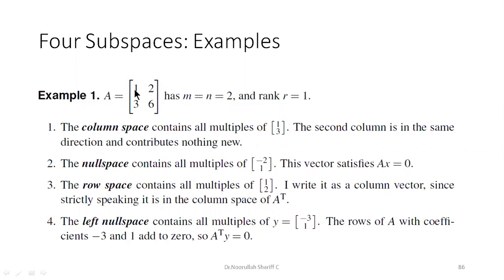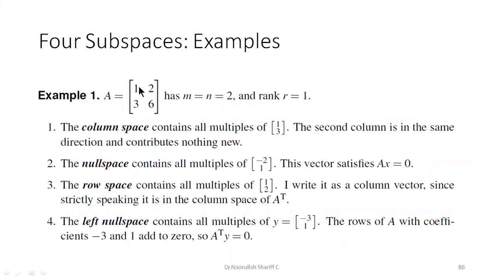So the column space will be multiples of 1, 3, the independent column. The second column is in the same direction and contributes nothing new.